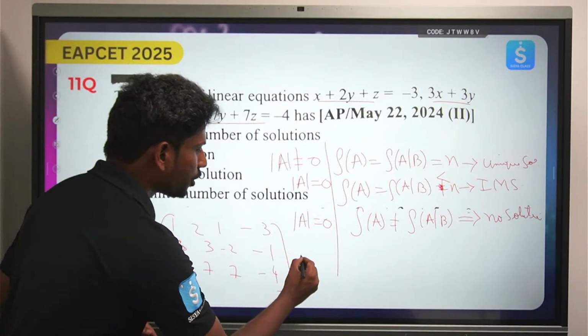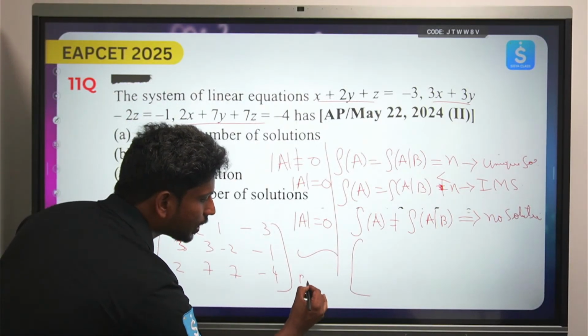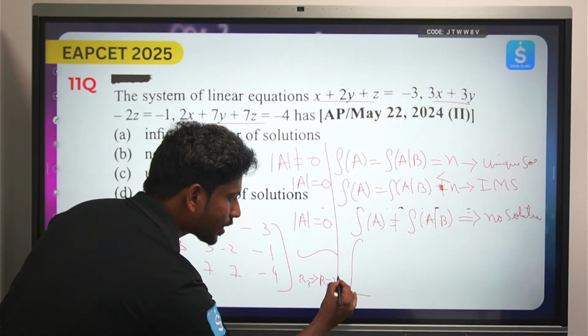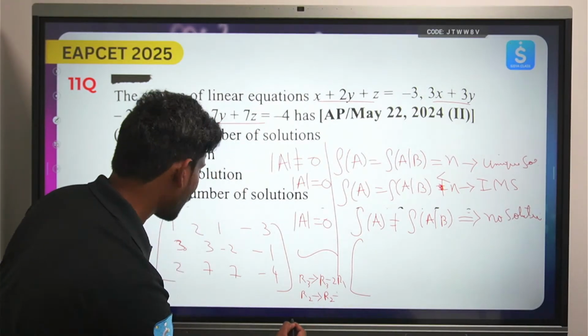So from here you will get, according to the row operations, R3 gives R3 minus 2 R1, R2 gives R2 minus 3 R1.